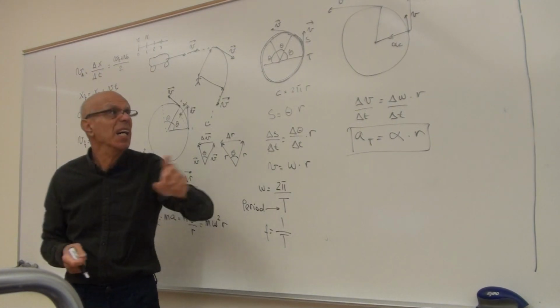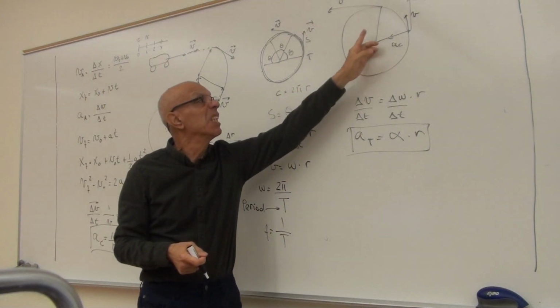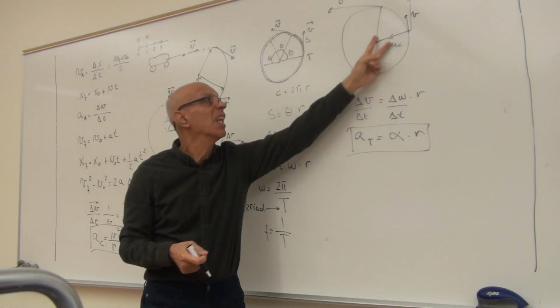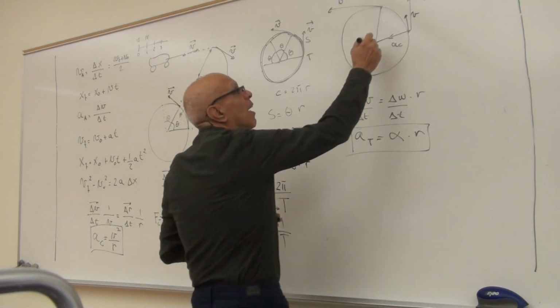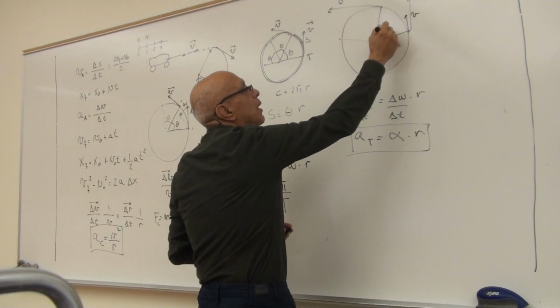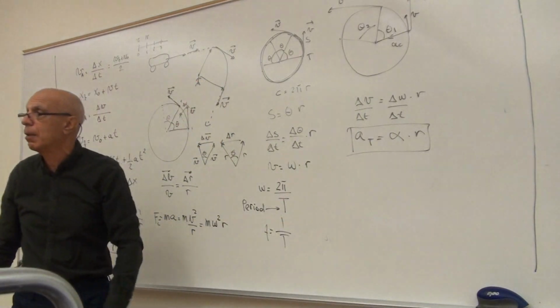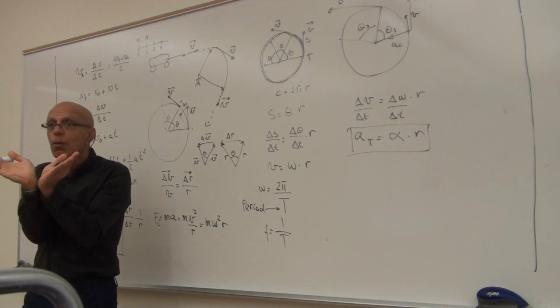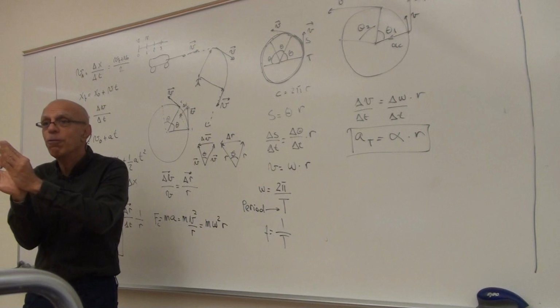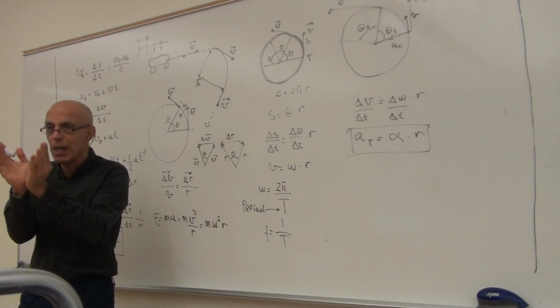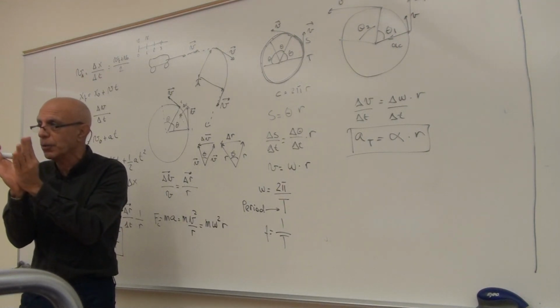But the moment I increase the speed, this theta and this one here, delta theta 1 and delta theta 2, are not the same anymore. How fast this thing is going around is changing, so the angle is also changing.